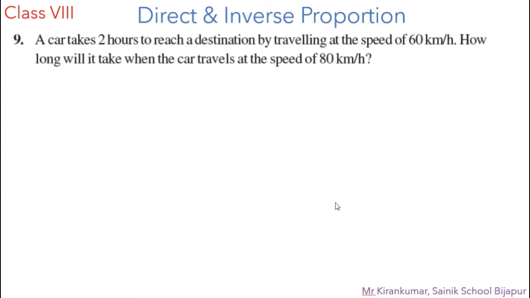Question 9. A car takes 2 hours to reach a destination by traveling at a speed of 60 km per hour. How long will it take when the car travels at the speed of 80 km per hour? Here, two of the things which are given are the speed in terms of kilometer per hour and the time taken in terms of hours.